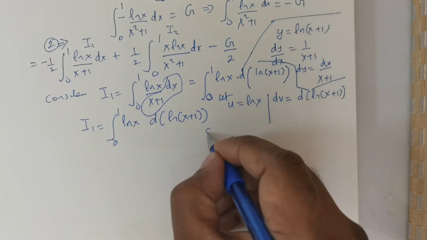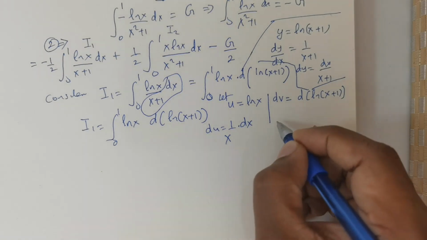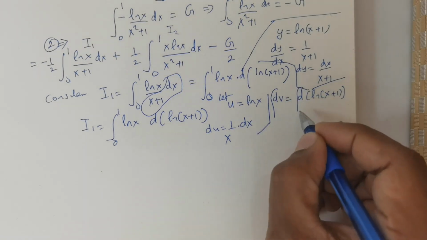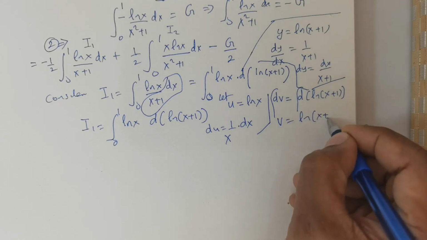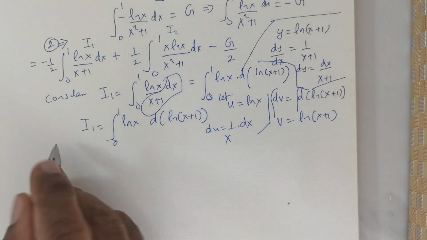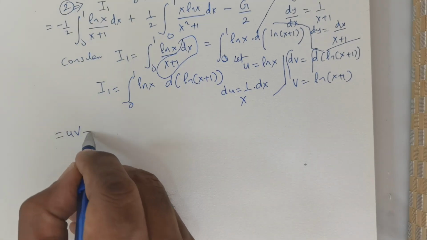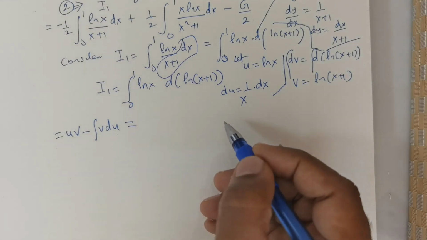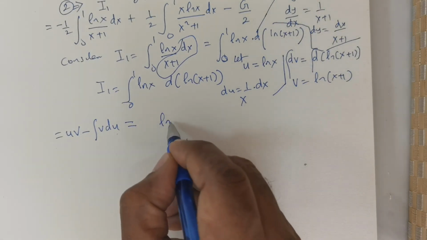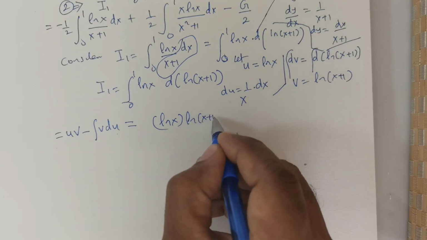So I differentiate this. So du is equal to 1 over x times differential of x, that's dx. I integrate this. Integral of dv is v. Integral of this quantity is going to be ln of (x + 1). So we will utilize the integration by parts formula, which is uv minus integral v du. So by that formula, this is equal to, my u is ln x, my v is ln of (x + 1).